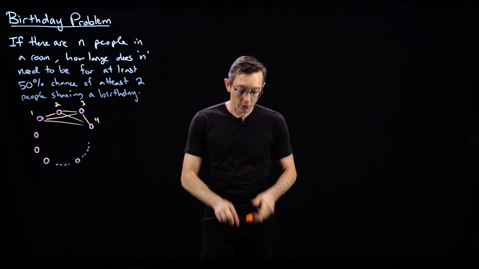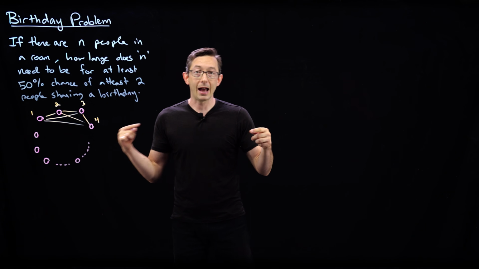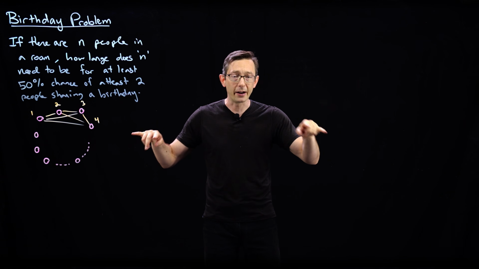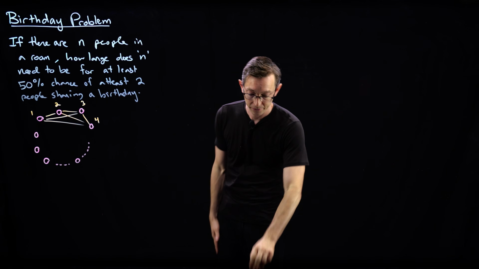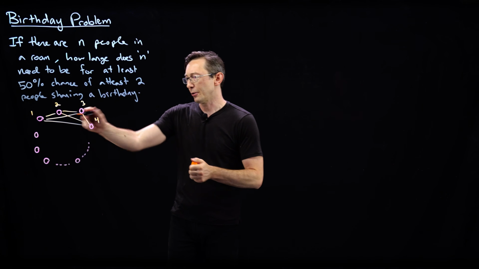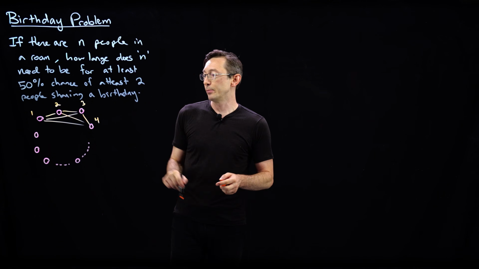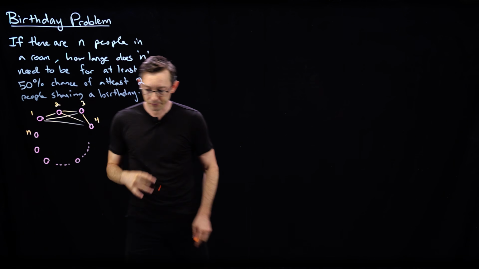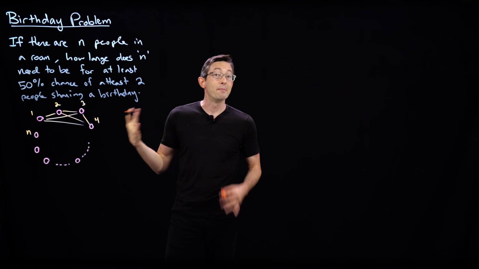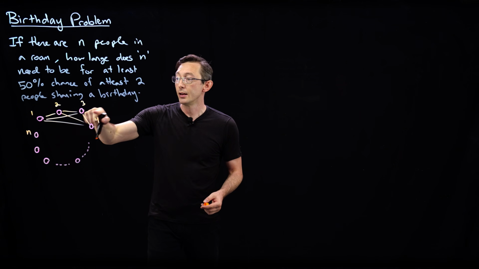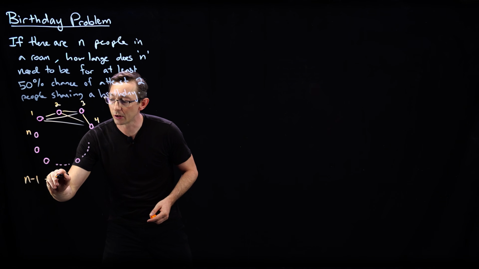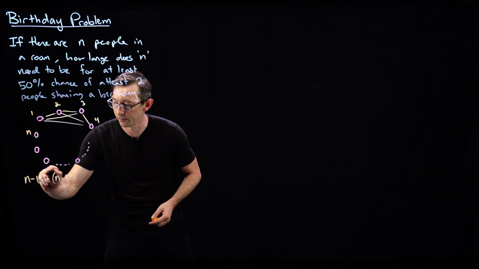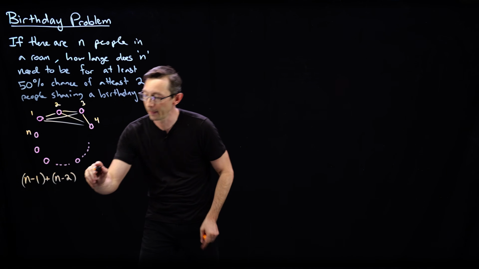One way to do this would be to literally have everybody pair off in every unique combination and compare their birthdays. If you calculate this number, there are n people in a room, let's say this is person n, then for the number of comparisons, person 1 compares with n minus 1 people, person 2 compares with n minus 2 people, because they've already compared with person 1.